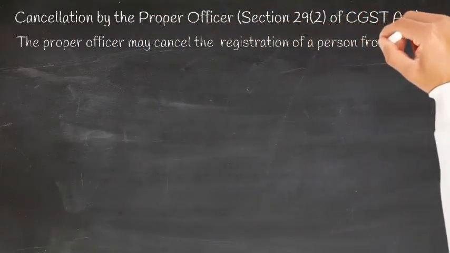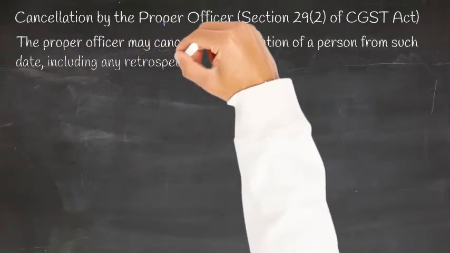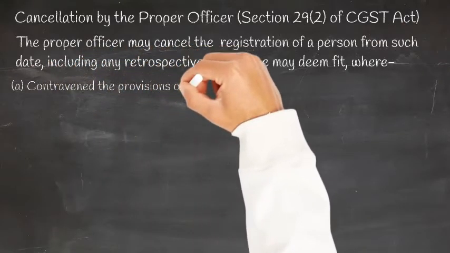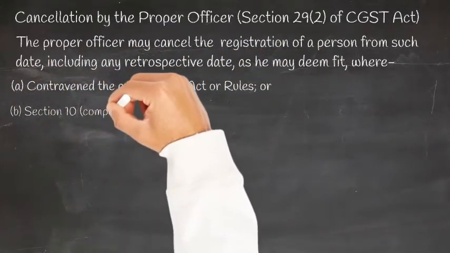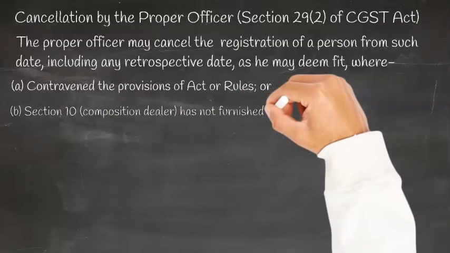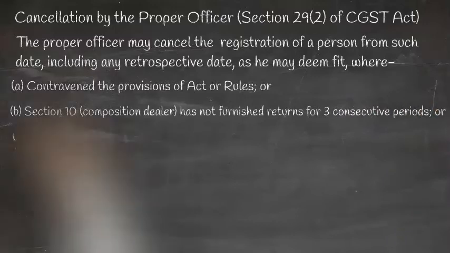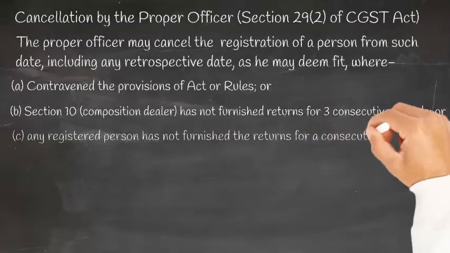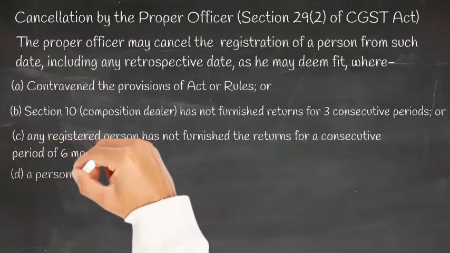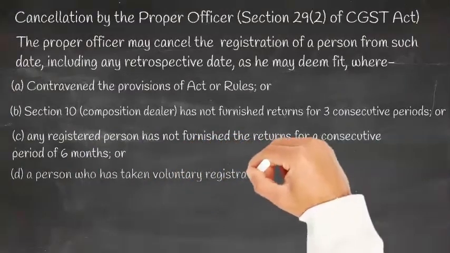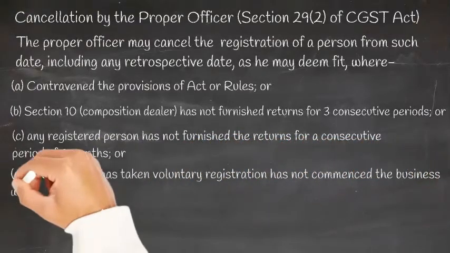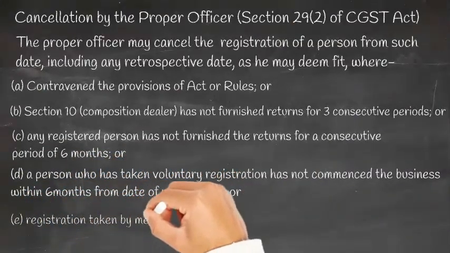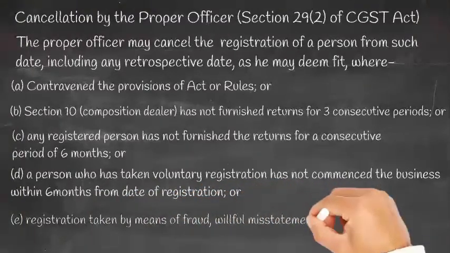The proper officer may cancel the registration of a person from such date, including any retrospective date, as he may deem fit, where first, the person has contravened the provisions of the Act or rules, or second, a section 10 composition dealer has not furnished return for 3 consecutive periods, or third, any registered person has not furnished the return for a consecutive period of 6 months, or fourth, a person who has taken voluntary registration has not commenced the business within 6 months from the date of registration, or fifth, registration taken by means of fraud, willful misstatement, or suppression of facts.